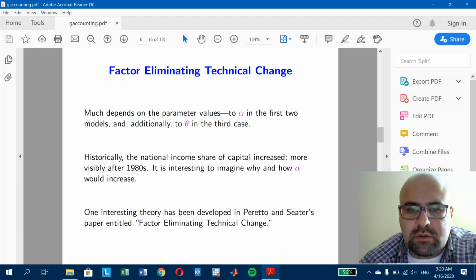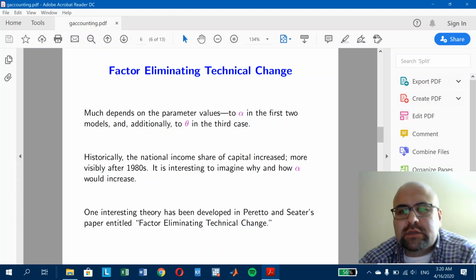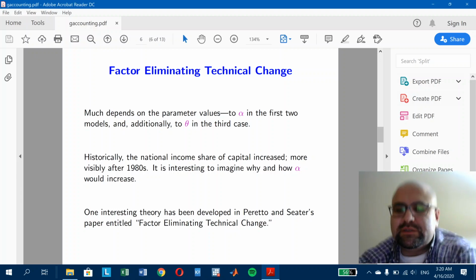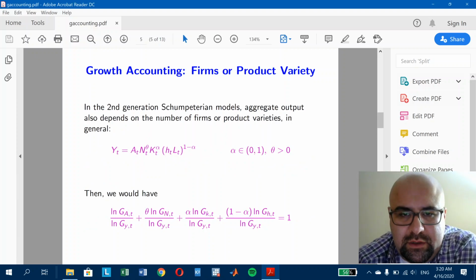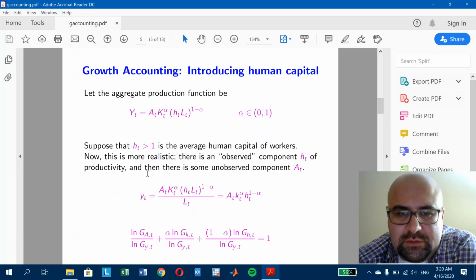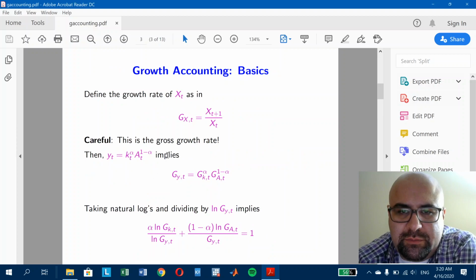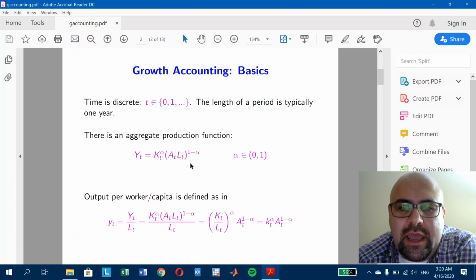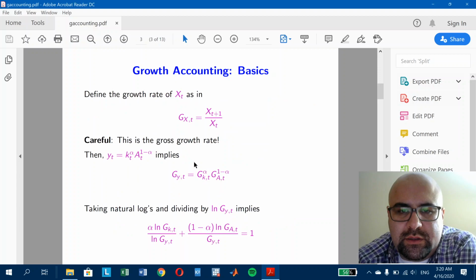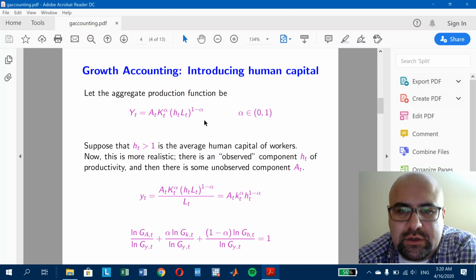So what do we have? These are simple models that work with the aggregate production technology, especially the first two, the basic model that you see here, and the one where we quickly introduced human capital, as in here. These are typically one sector models, so growth accounting exercises are handled very easily in such frameworks.